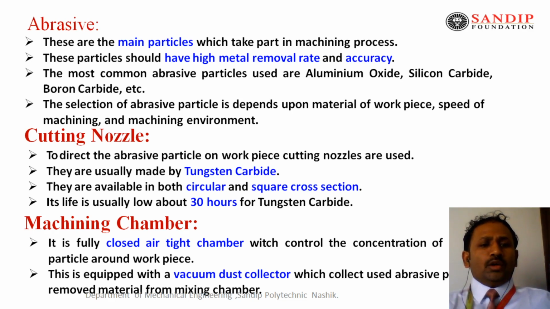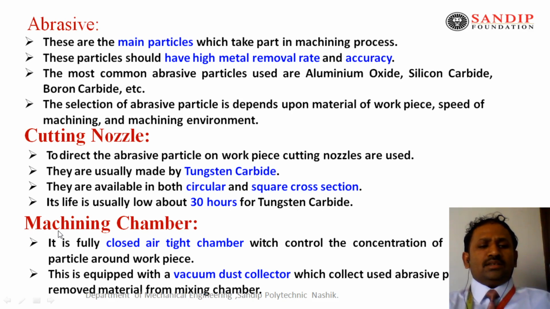Now, cutting nozzle. To direct the abrasive particles on the workpiece, cutting nozzles are used for high jet velocity purpose. They are usually made of tungsten carbide, or again I said one of the best materials, sapphire. They are available in both circular and square cross section. Its life is usually low, about 30 hours for tungsten carbide.